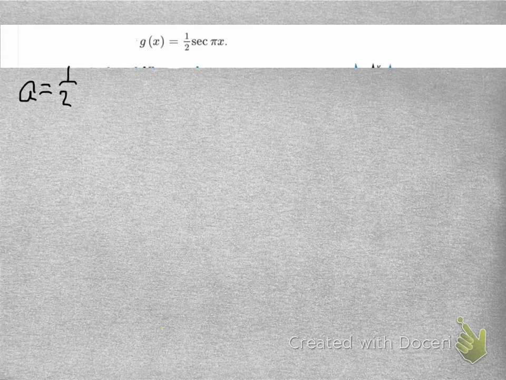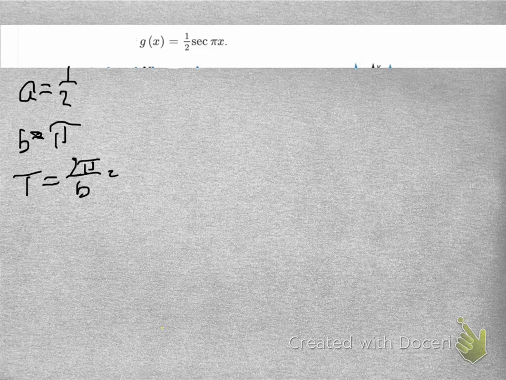Now remember, that's how far from the center line, above and below, I want my graph to start. My b value is pi. What does b do for me? It tells me that my period, which is 2 pi divided by b, so 2 pi divided by pi makes 2. It's going to have a period of 2.